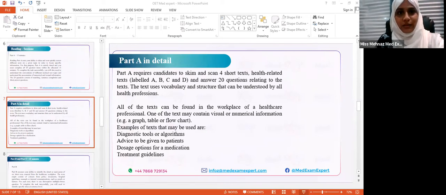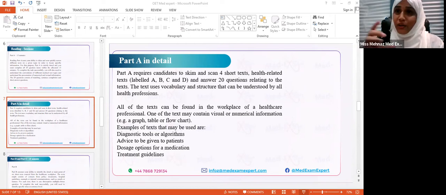In Part A, you are required to skim and scan. I'll just read it: four different texts, all health related. They are labeled A, B, C, and D, with 20 questions relating to the texts. The texts use vocabulary and structure that is understood by all health professionals, so all texts can be found in the workplace of a healthcare professional.